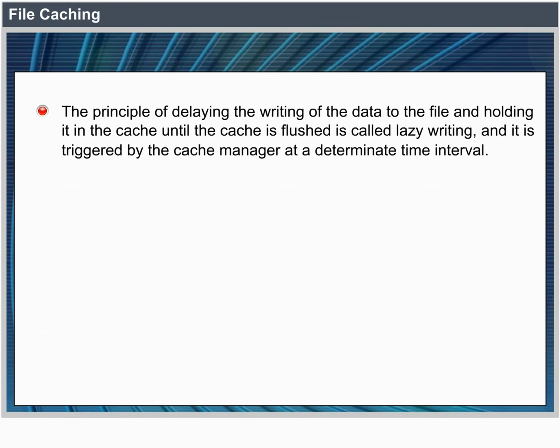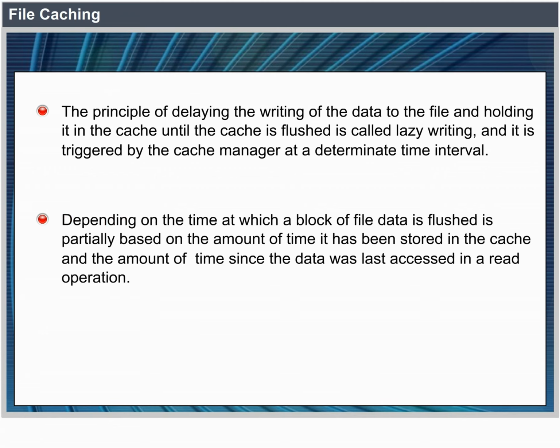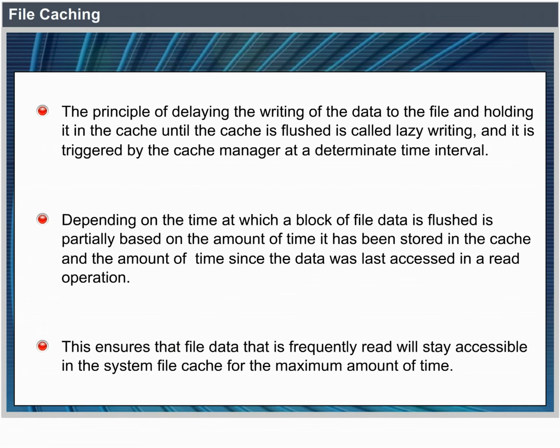The time at which a block of file data is flushed is partially based on the amount of time it has been stored in the cache and the amount of time since the data was last accessed in a read operation. This ensures that file data that is frequently read will stay accessible in the system file cache for the maximum amount of time.